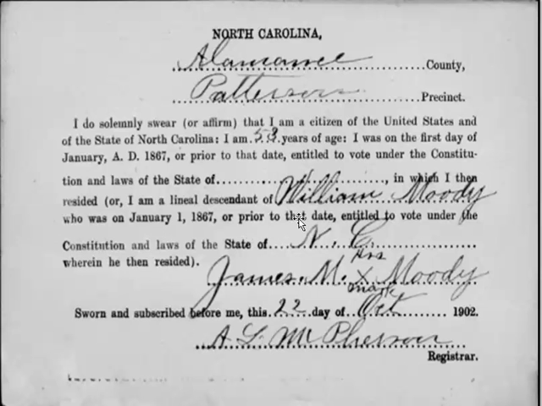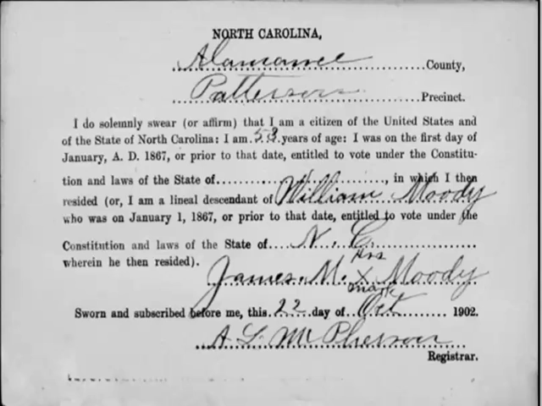It says his grandfather was entitled to vote, and look at the year, on January 1st, 1867, or prior to that date, under the constitutional laws of the state of North Carolina. So that was a way to allow whites who were illiterate and poor to vote, but still keep African Americans from exercising their 15th Amendment right to vote.